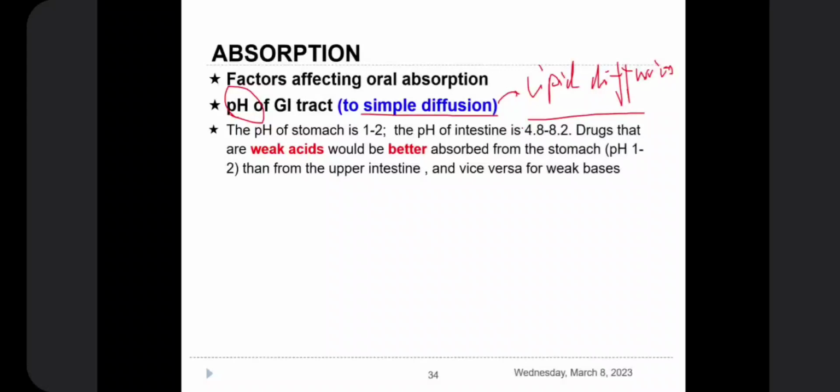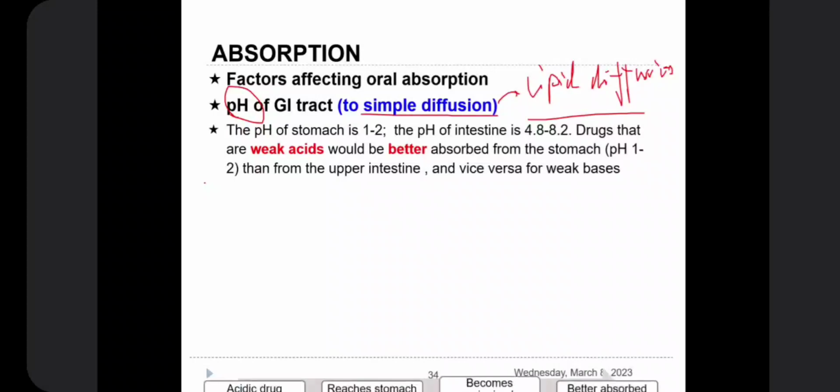I have said to you, when the drug is a weak acid drug, it becomes more easily able to cross the membrane and has better absorption in the stomach. When the drug is a base, it becomes more lipid soluble as the unionized form in the intestine, in the basic environment.